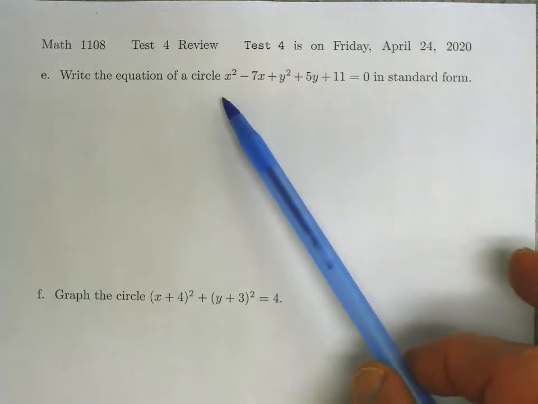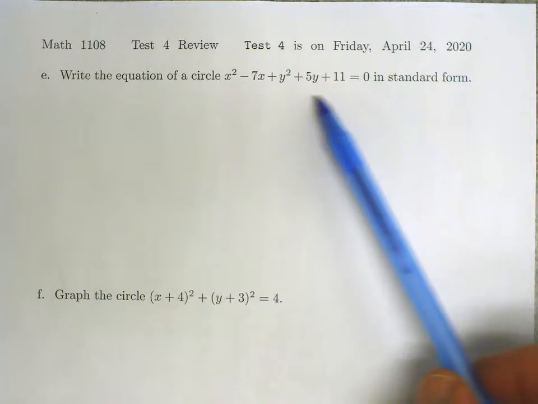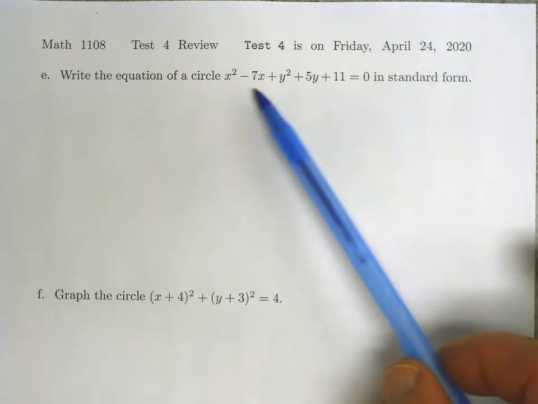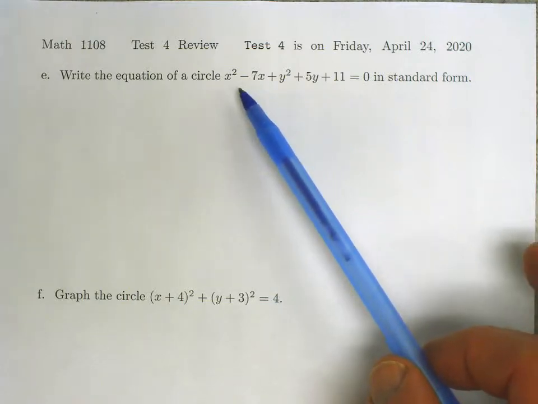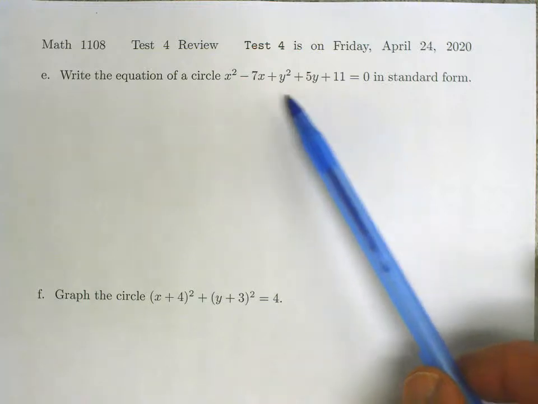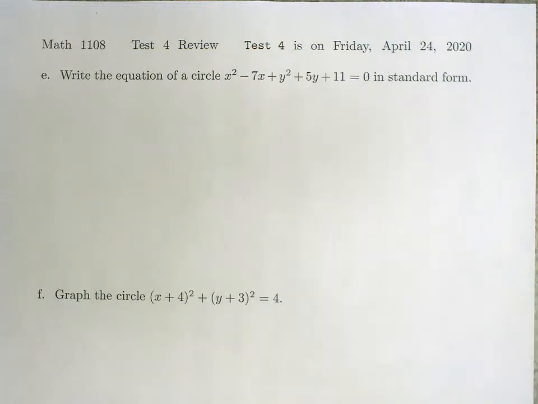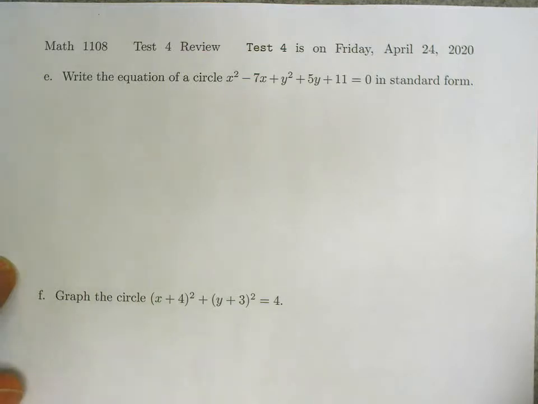Okay, so it might not look like the equation of a circle, but this is an equation of a circle. It's just not in standard form. Okay, so we can get it into standard form.